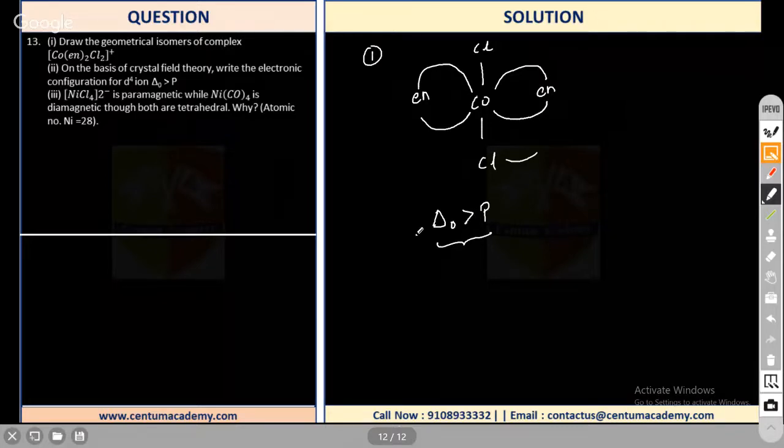When the crystal field splitting energy is more than this, we have the t2g orbitals at lower energy and the eg orbitals here. So in this case, pairing takes place against Hund's rule, right? So the structure will be this: 1, 2, 3, and 4. Is it correct?